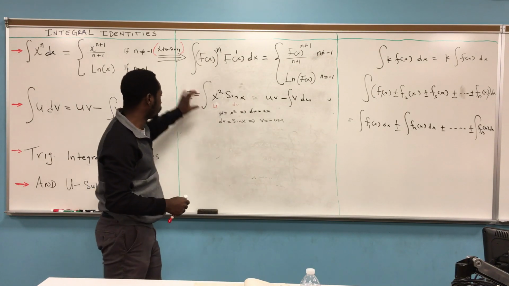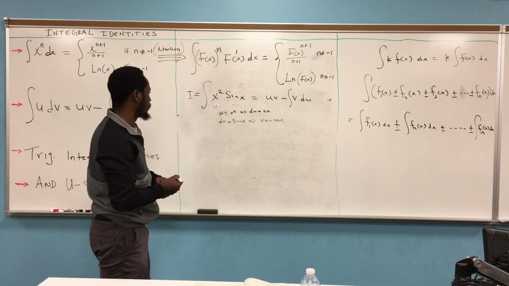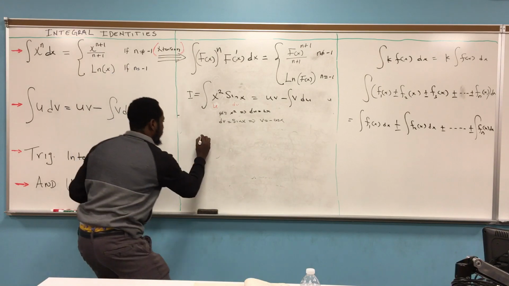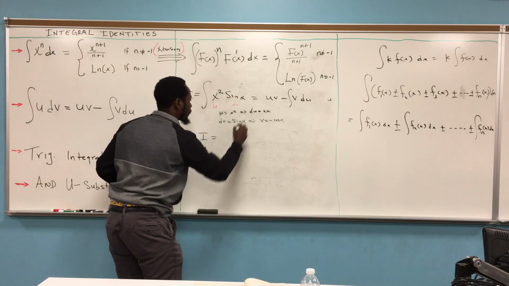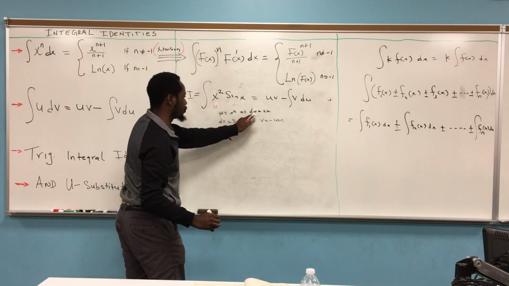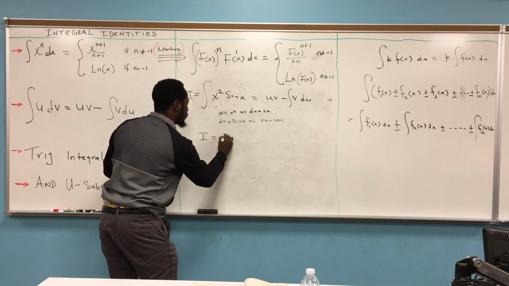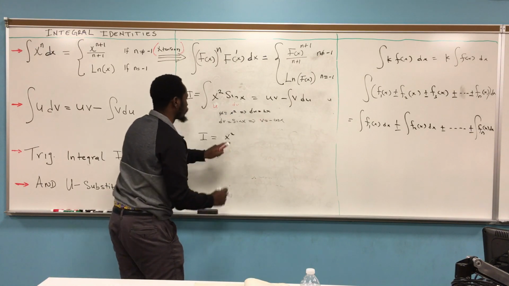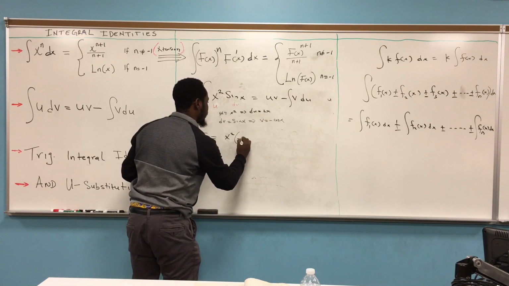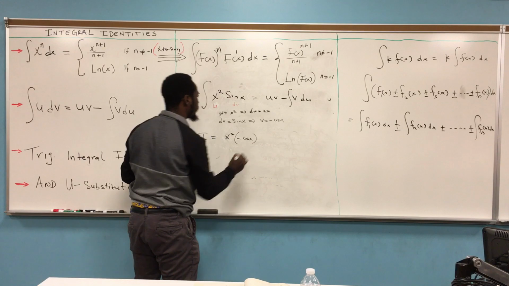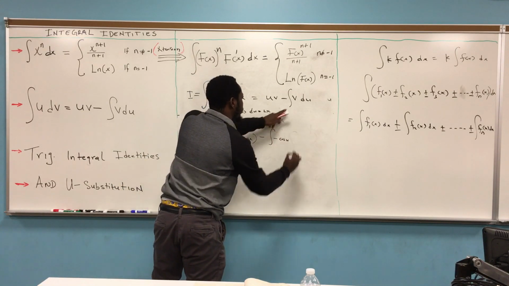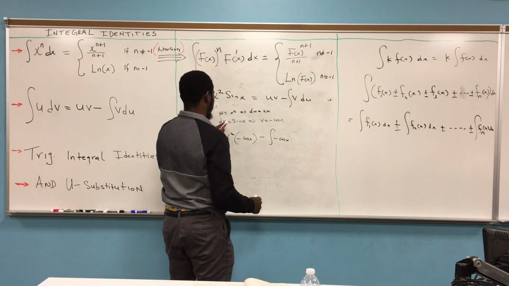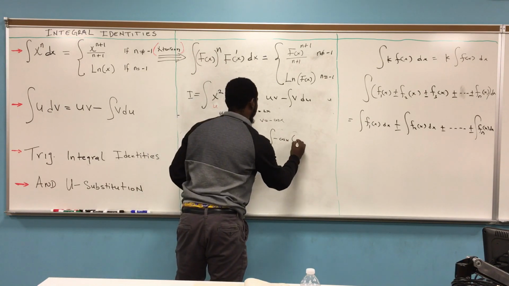I want to find this integral, so I call it I. So I is equal to what? uv: x squared, which is u, times v, minus cosine x, right? Minus the integral of v, minus cosine x, times du, which is 2x.